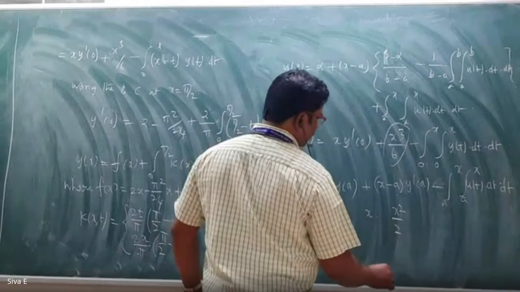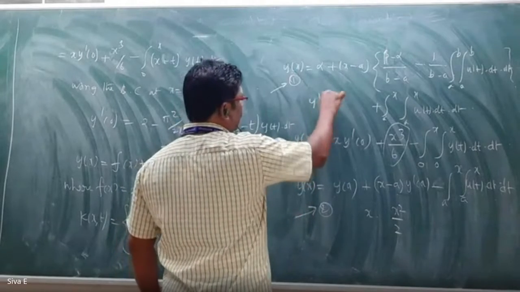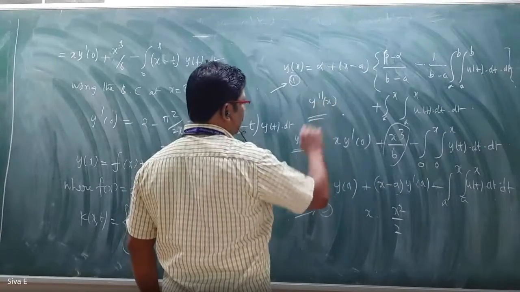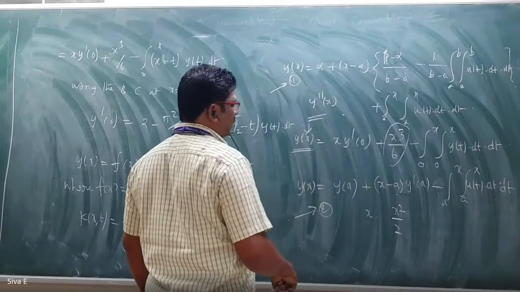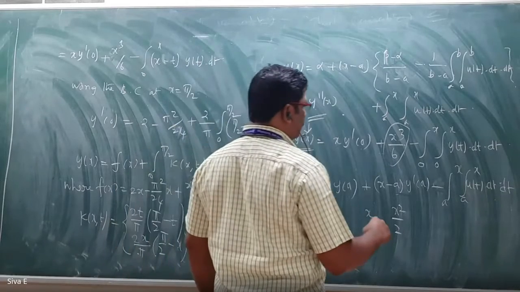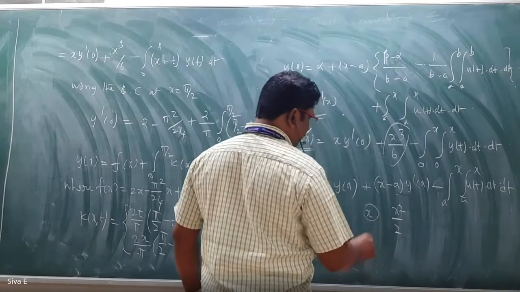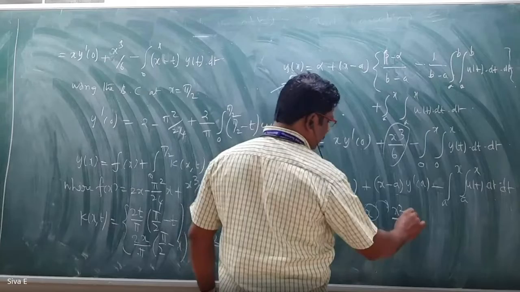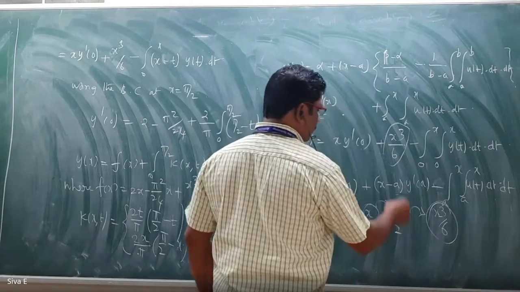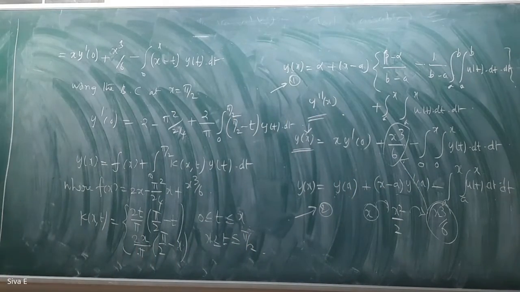If you integrate two times, you will get y double dash of x, that is the given problem. So for the given problem y double dash of x, we need to get y of x. When you are integrating the left hand side, we have to integrate the right hand side also. What is the right hand side given? x. One time integration is x square by 2. One more time integration is x cube by 6. So that is the concept to get the x cube by 6 there.